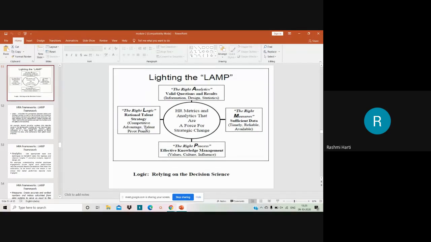That's what we call the LAMP framework. HR metrics and analytics should be the center of this, and they are the force for strategic change. Metrics and analytics are the two forces which bring change in the organization.